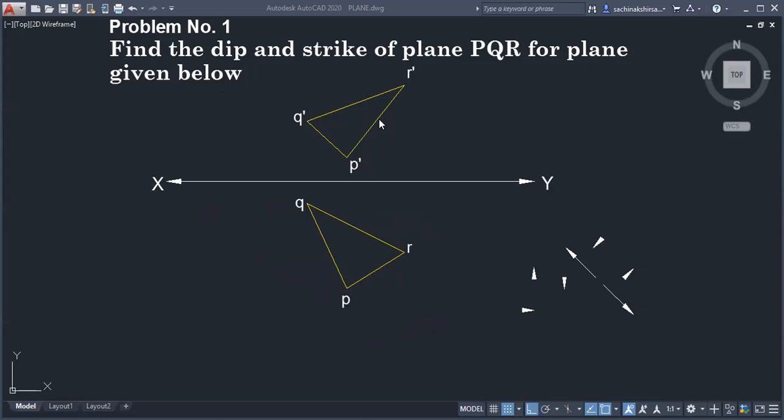Shall I give 1 or 2 minutes to draw this problem figure? Such a problem will be printed in your notebook in an offline exam, and thereafter you are supposed to proceed.